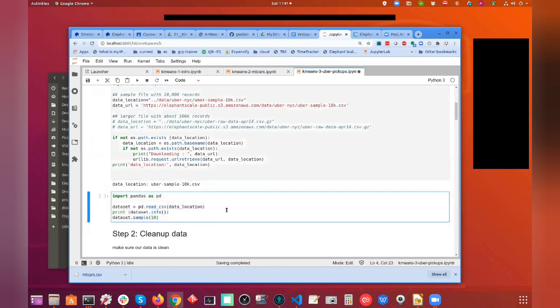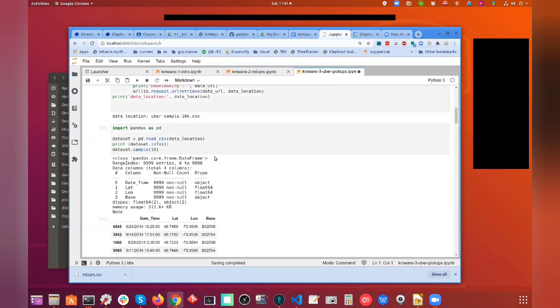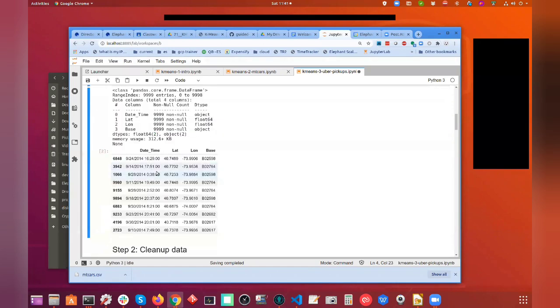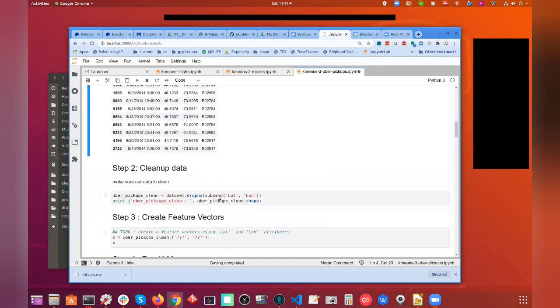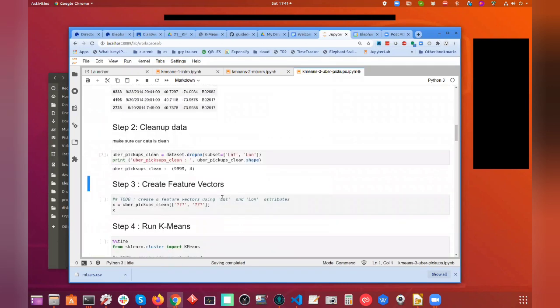So, read the data. You can see just 4 columns. Daytime is treated as an object, and that's fine, since I'm not taking daytime into account. Lat and long are floats, and that's what I care about. This is some sample data, and it's pretty clean, but I'm doing a cleanup anyway, just to be sure.